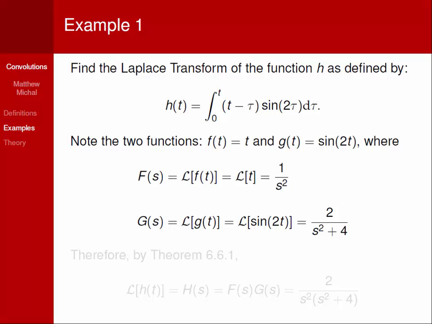So since my first one is f of t equal to t, and my second one is g of t equal to sine of 2t, I can do Laplace transforms of that. t becomes 1 over s squared. Sine of 2t becomes 2 over s squared plus 4. And once again, what is the Laplace transform of a convolution? Multiply them together.